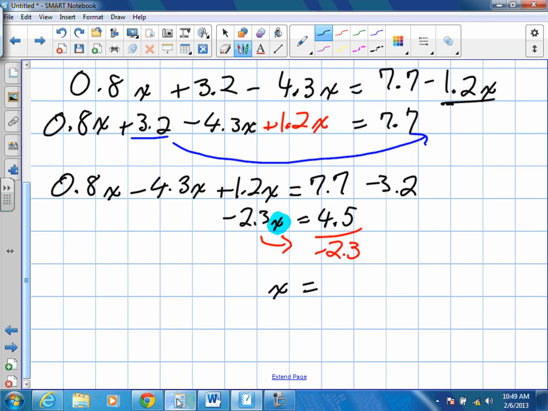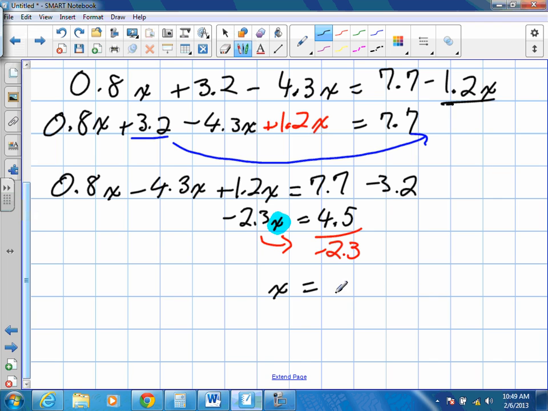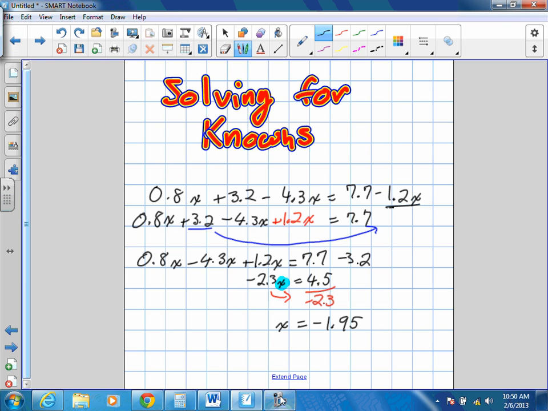All right, 4.5 divided by negative 2.3. Negative 1.95, let's say. Is it negative 2? No. Go to at least two decimal places. Okay, so in this question, we got negative 1.95. That was just basic algebra to isolate that variable.